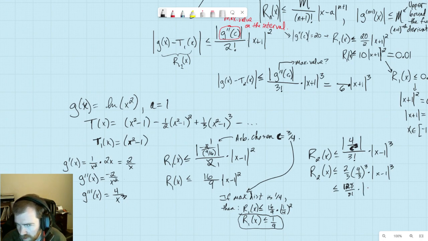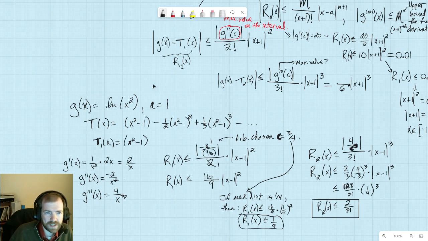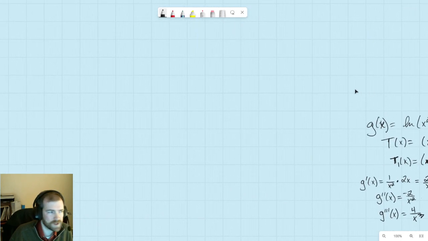Times, again, if this is max distance of 1/4, that's going to be 1/4 cubed, which is less than or equal to 64. 128 over 64 is going to be a 2 up top, so 2/81. R2 of x. Okay, so similar to the other one, it's just kind of arbitrarily chosen, which maybe it's not the best idea, but whatever. We're just kind of spitballing stuff at this point.